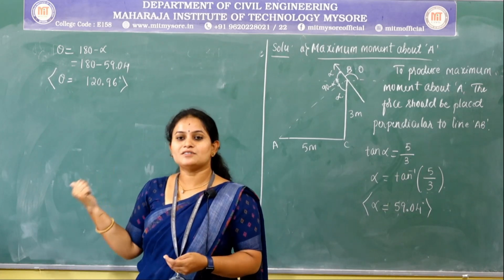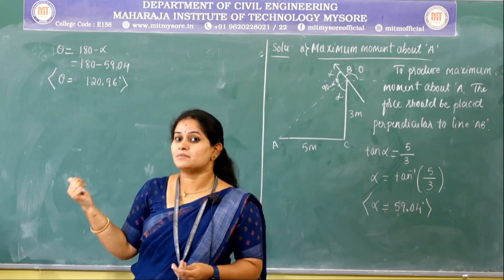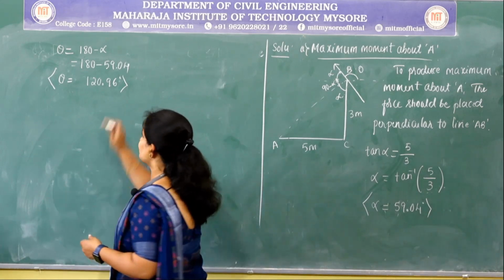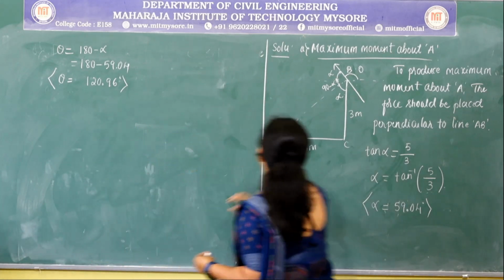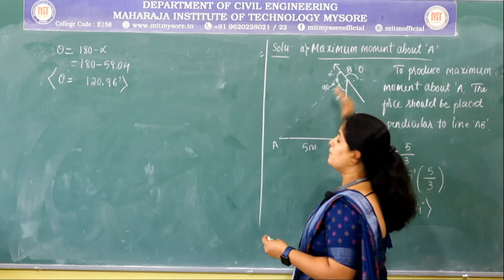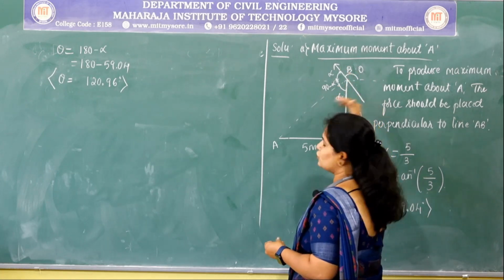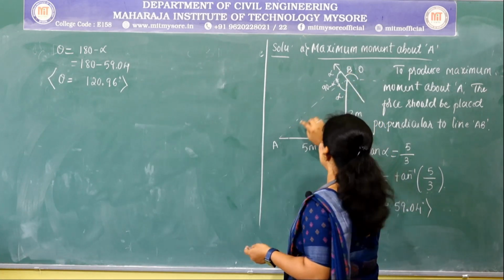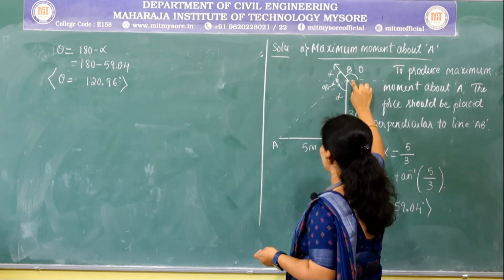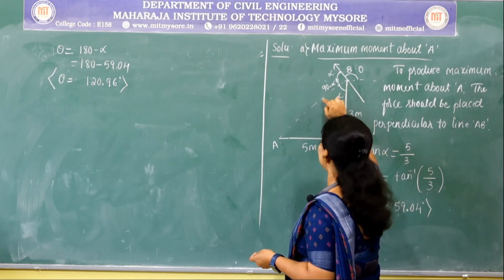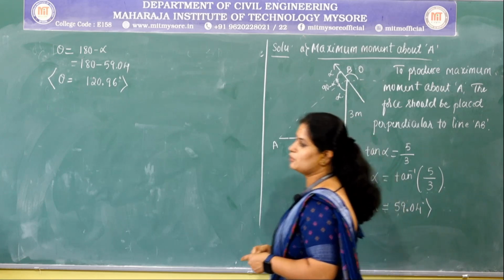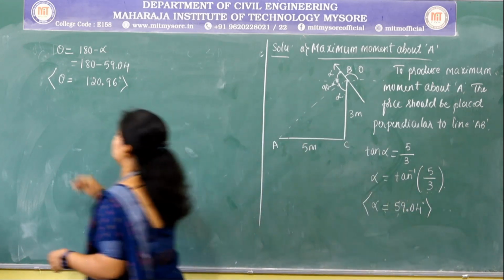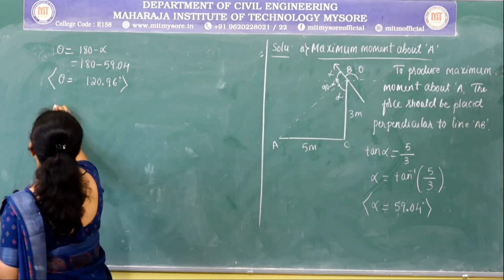So now we got the inclination of the force so that it produces a maximum moment about A. Now we shall find out the maximum moment. In order to find that, we need the perpendicular distance between the line of action of the force and the point. So now we shall find out the value of AB. We shall use the Pythagoras theorem.